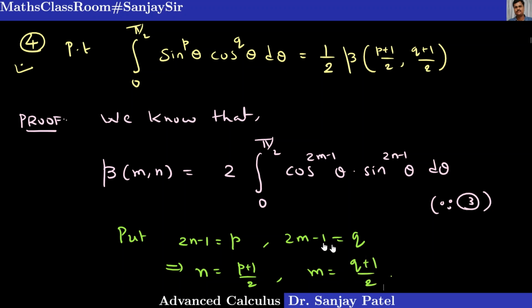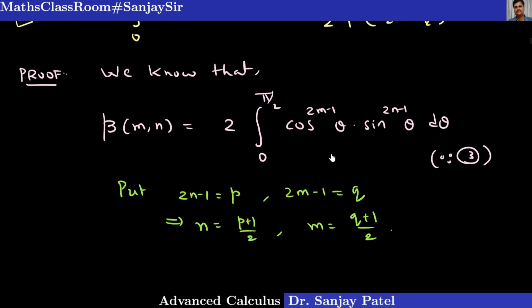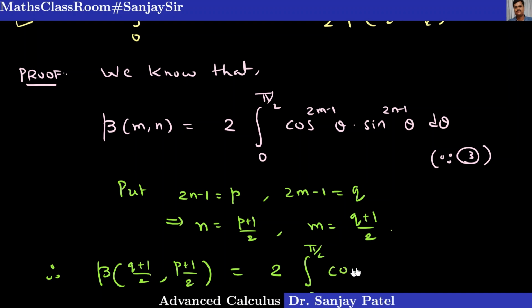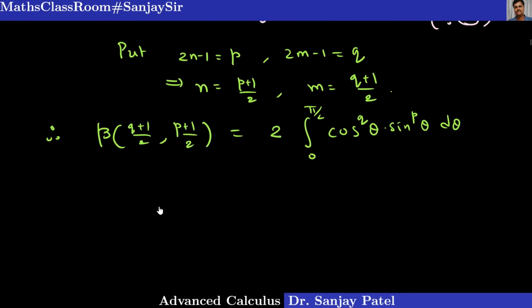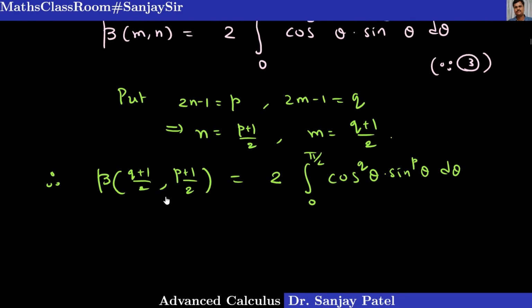So putting all these values in the above result, we get beta of q plus 1 by 2 comma p plus 1 by 2 is equal to 2 times integral 0 to pi by 2 cos raised to q theta into sine raised to p theta d theta, because 2m minus 1 is q and 2n minus 1 is p.